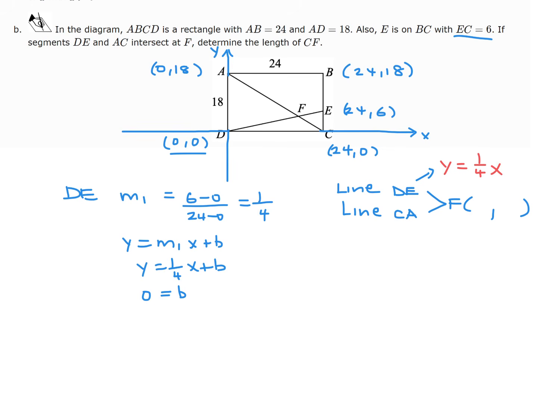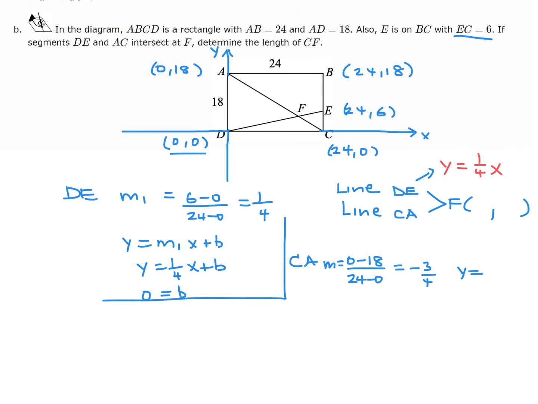And now let's go back and figure out the line CA. So CA, that line, rise over run. So 0 minus 18, this is the slope, by the way, 0 minus 18 over 24 minus 0. So that's 3 over 4? Minus 3 over 4, actually.